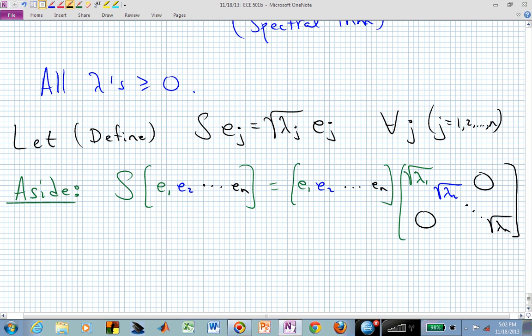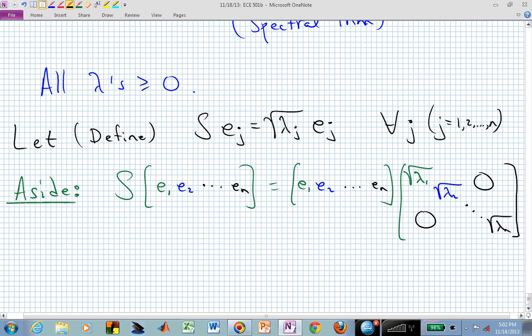In this first definition statement or line, S E_j is square root of lambda j E_j, I just wrote down in matrix form. I just wrote all n of those down in one equation. But now, what do I know about the E's? Those are an orthonormal basis.